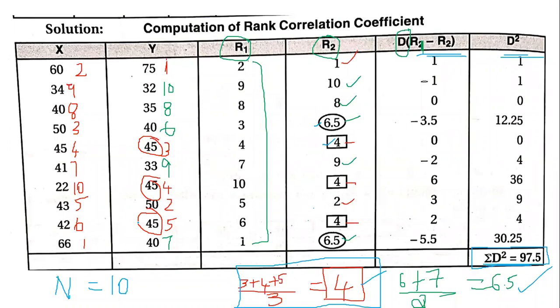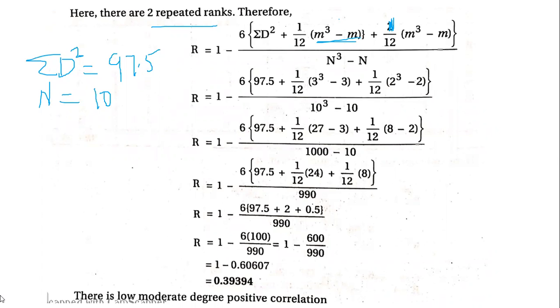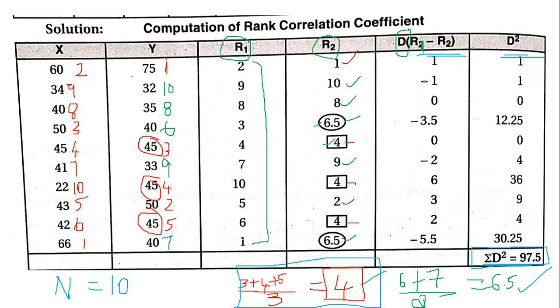Okay, so this is for the repetition of the number 45, and this is for the repetition of the other number, which is 40, or 45, both you can take. Anything is fine. Sorry, is that 40? Let's just check once. Yes, it is for 40.